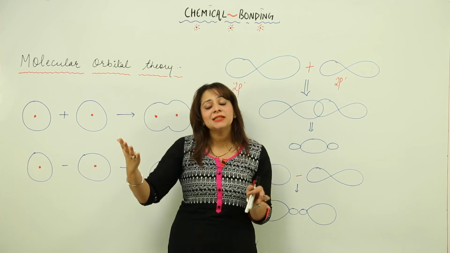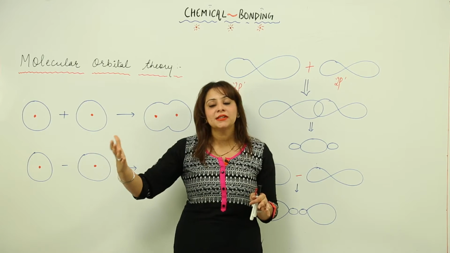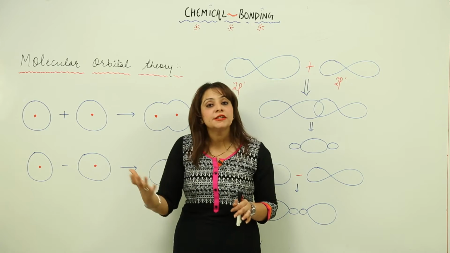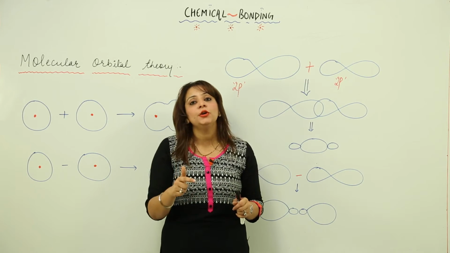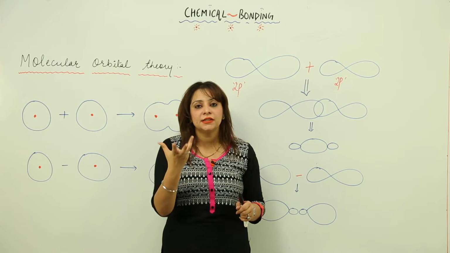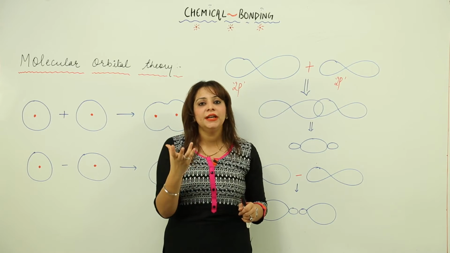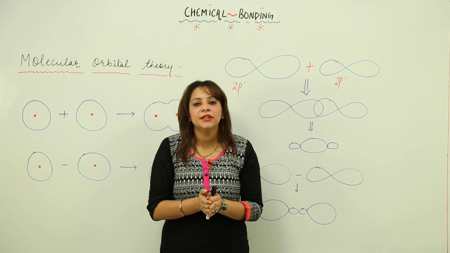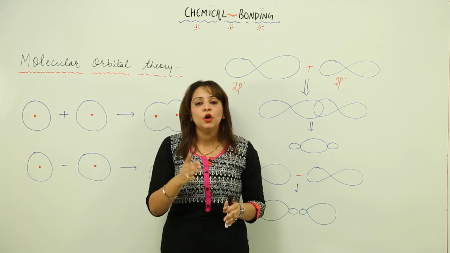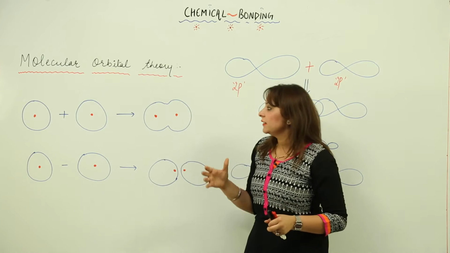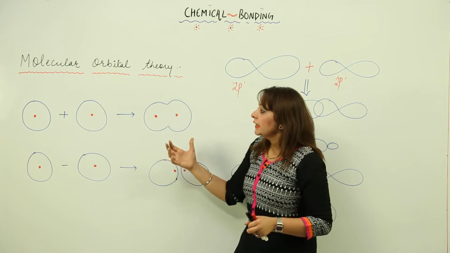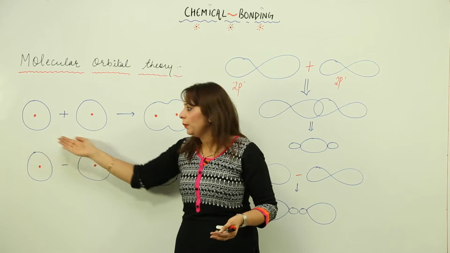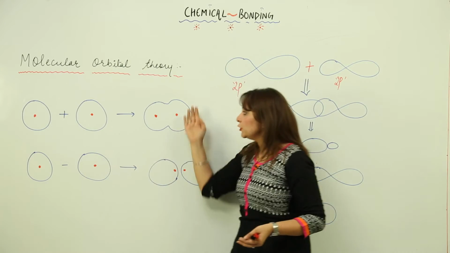As we have seen, atomic orbitals differ in size and in shape, or you can say in symmetry. Likewise, molecular orbitals also differ in shape, symmetry and so on. So now we are going to start with the molecular orbital theory. As you can see, this is one atom with an atomic orbital, and it combines to form this molecule.